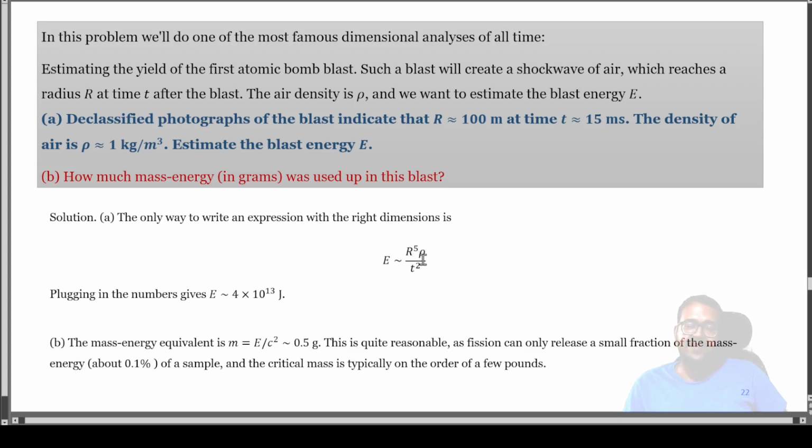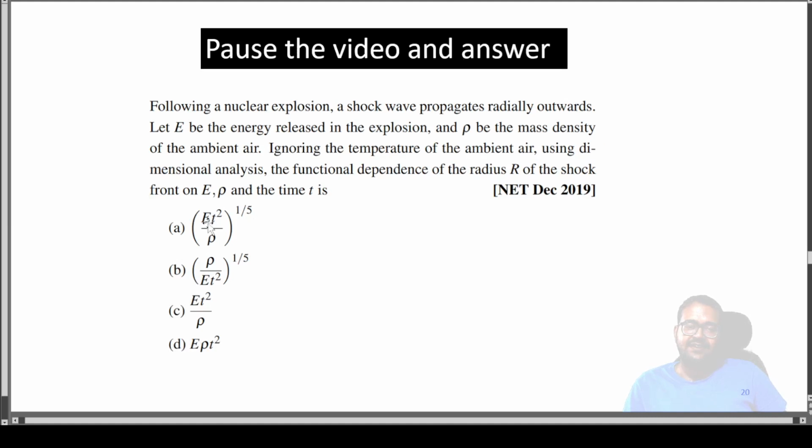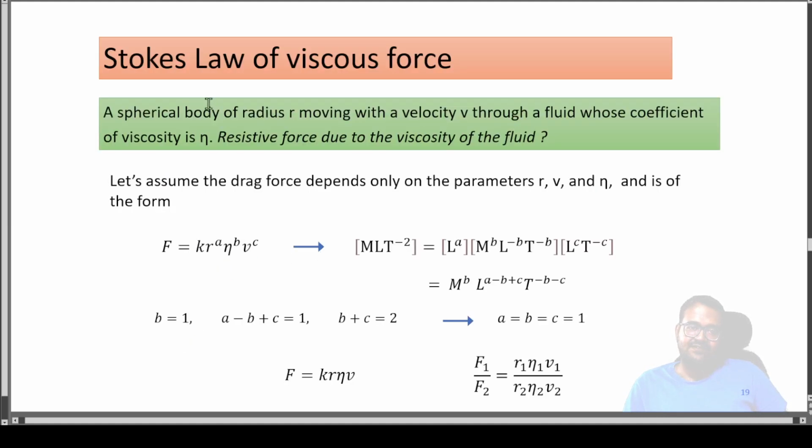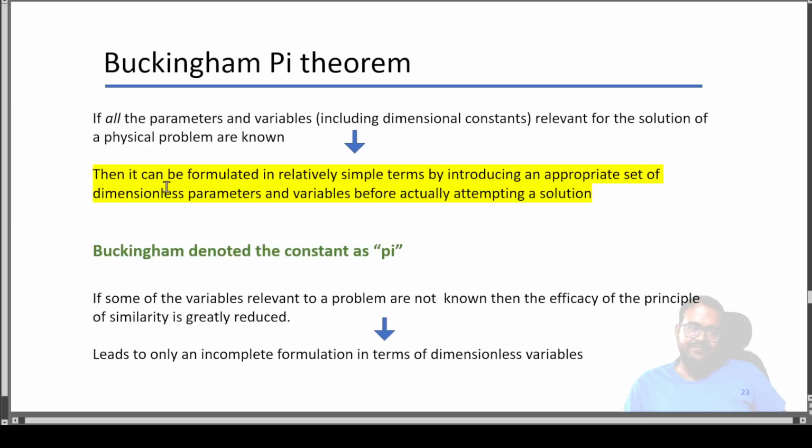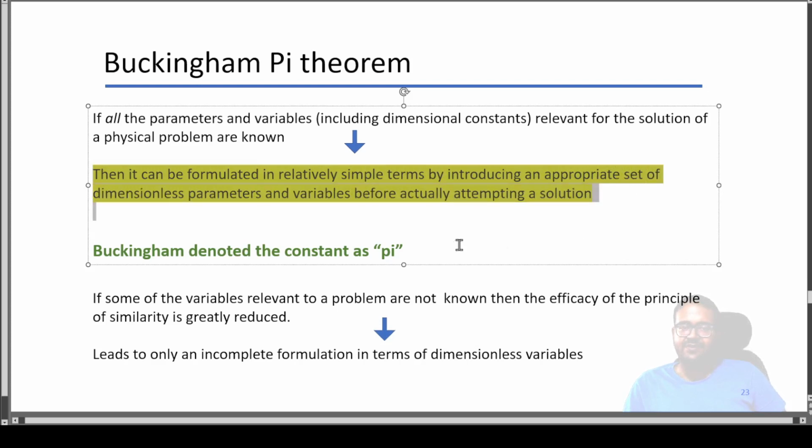If I know these three parameters, if I know that radius depends on E, T, and rho only, if I know the force on a viscous liquid depends on the particle's radius, eta, and its velocity, then it can be formulated in relatively simple terms by introducing an appropriate set of dimensionless parameters and variables before actually attempting a solution.